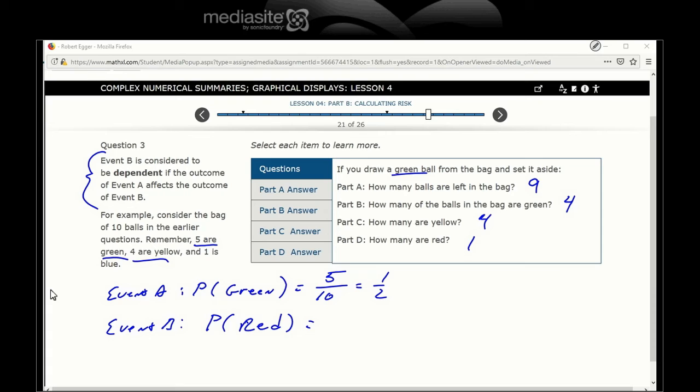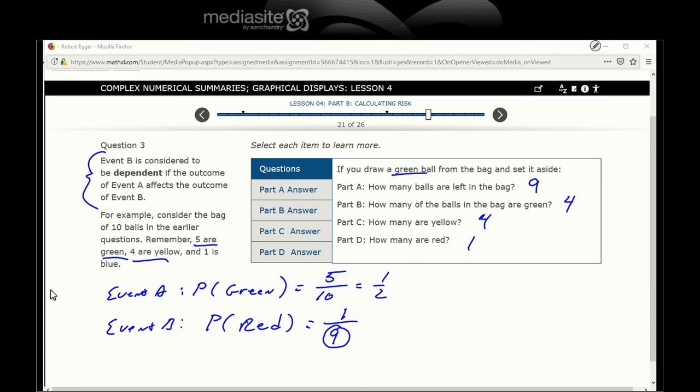Well, how many reds are there? 1. Except now, we took out a green. How many balls are left to pull? Now it's 1/9, 1 over 9. Okay.